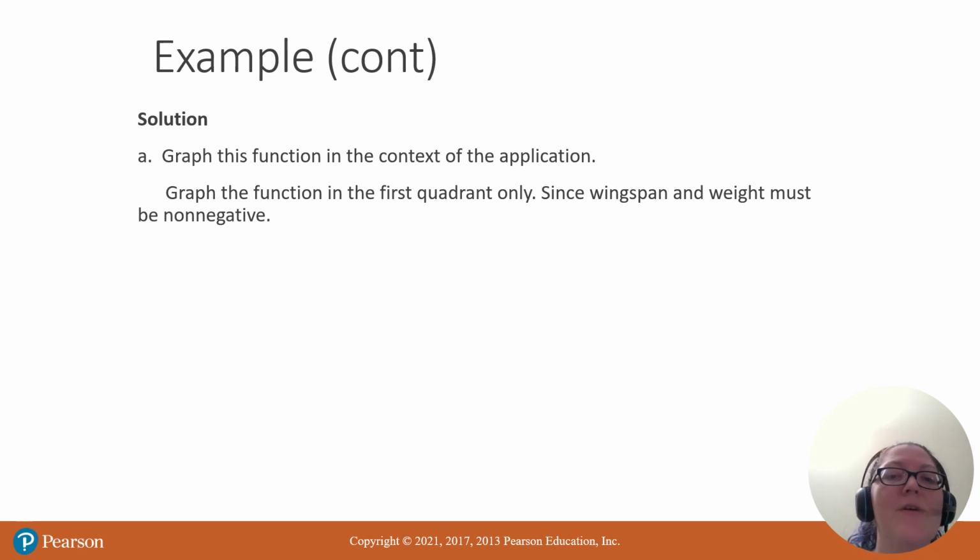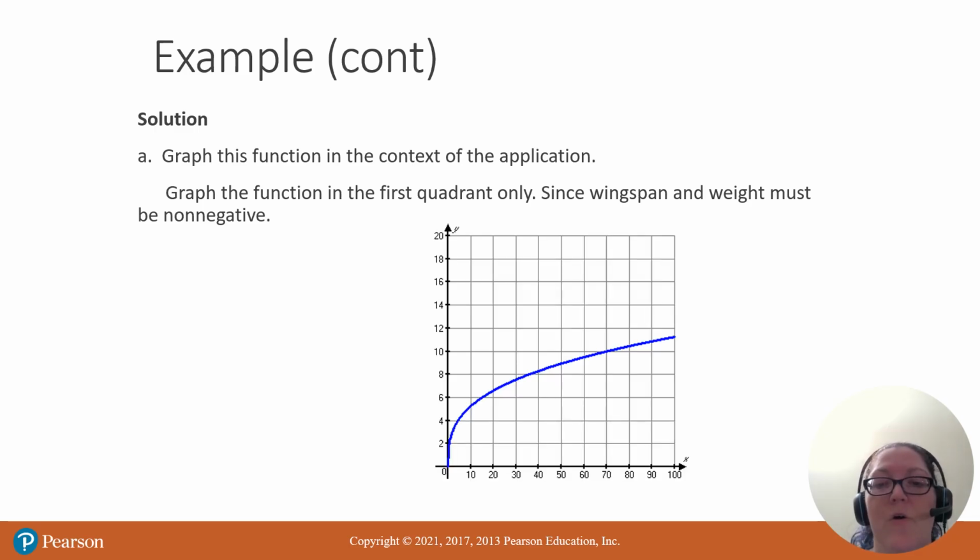So we only have to graph it in the first quadrant. When I plug this into my calculator, I should only look at quadrant 1. This may mean that you need to adjust your viewing window to show the graph.